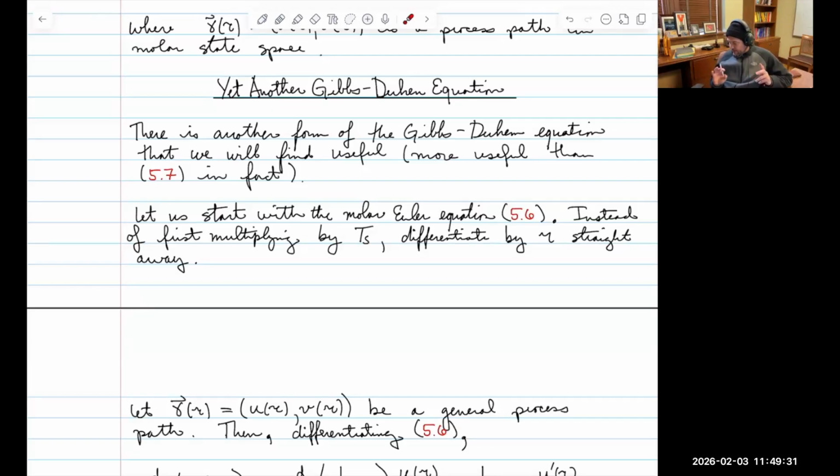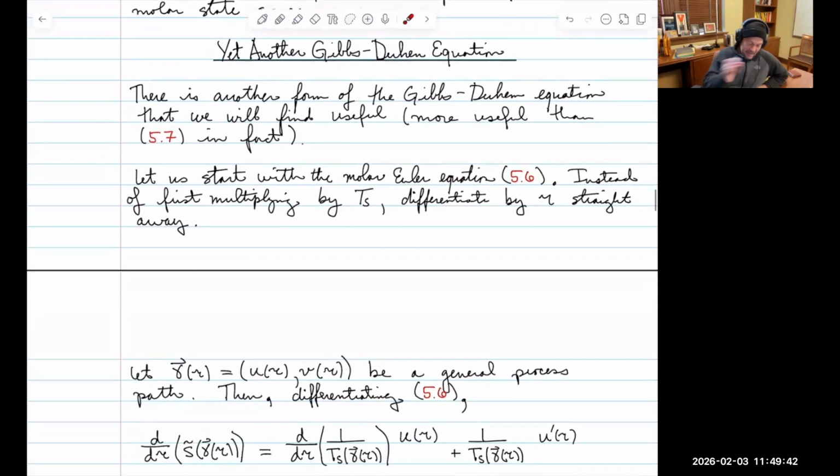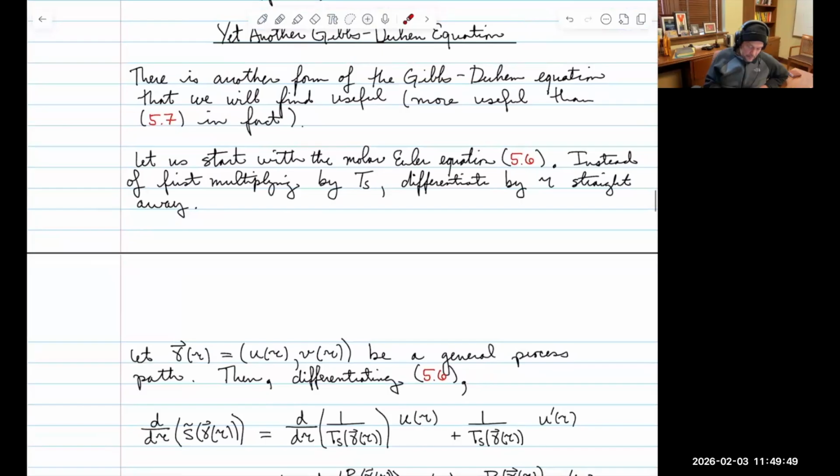It turns out, in fact, it just produces another type of Gibbs-Duhem equation, which turns out to be much more useful. And so that mistake I made in the last lecture turns out to be the right thing to do. So we're going to derive a Gibbs-Duhem equation via that mistake, which is much more useful than 5.7 above.